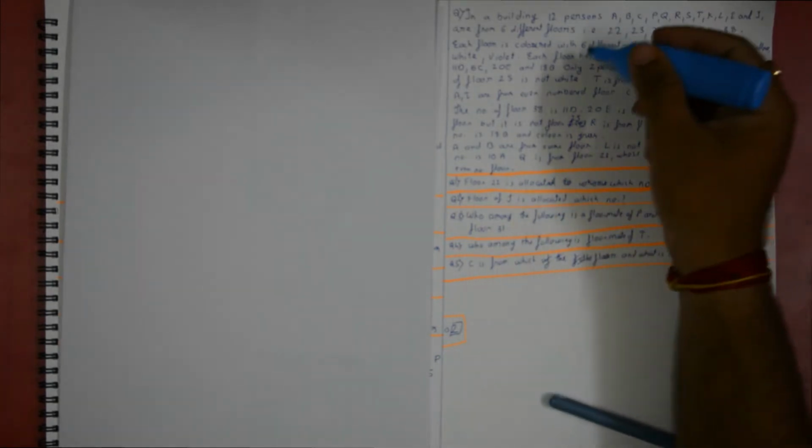Each floor is colored with 6 different colors. Color names are given. Each floor has been allocated a different number, that is given. Only 2 persons are from each floor. Most important thing: the color of floor 25 is not wet.